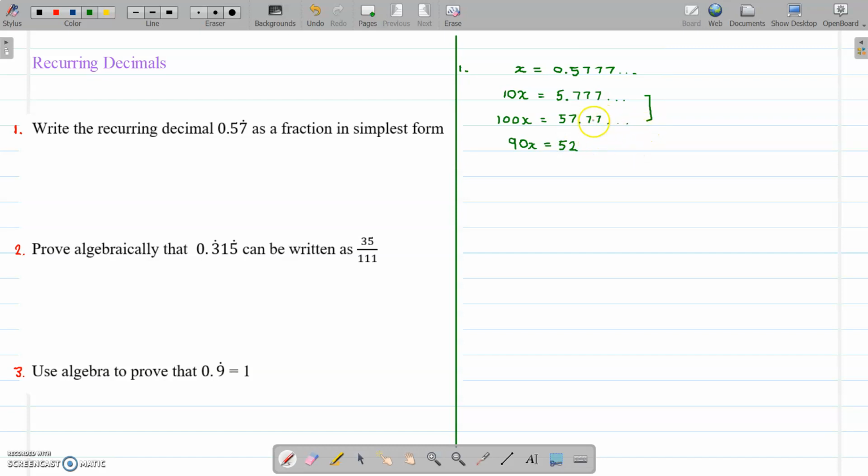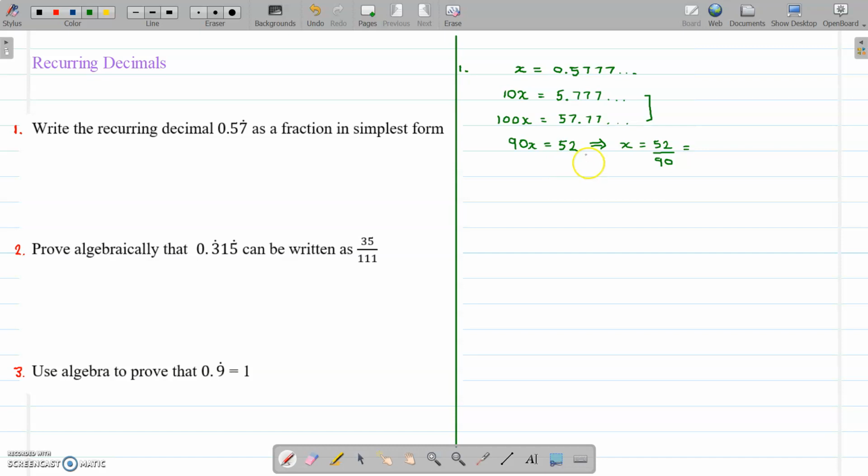If 90x equals 52, then if you divide both sides by 90, x must equal 52 over 90. And all you have to do now is reduce that fraction, if you can, into simplest form. Well, that's what it says, and it does because it's got an even number on the top and bottom.